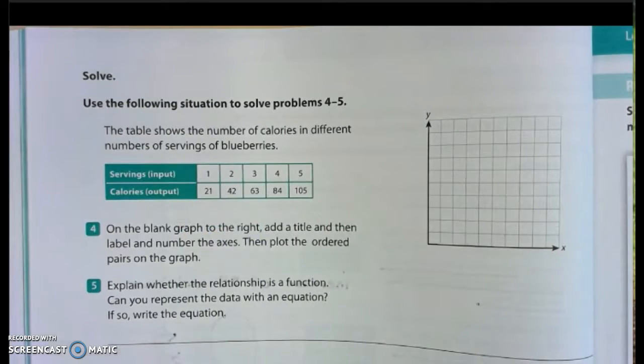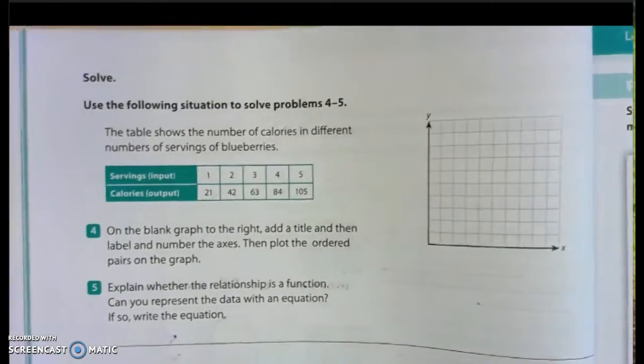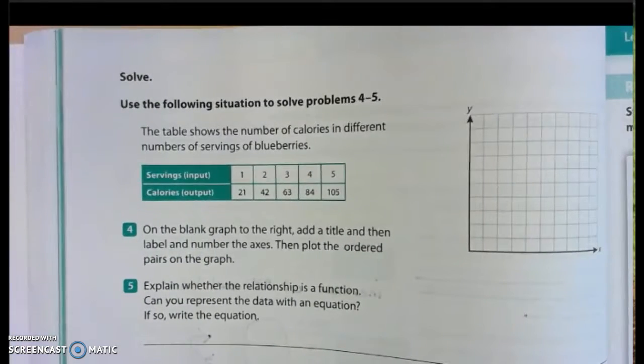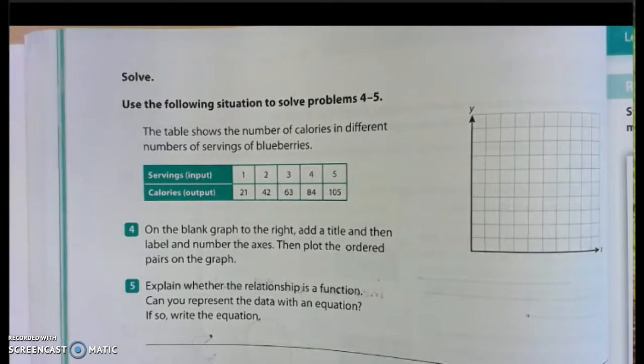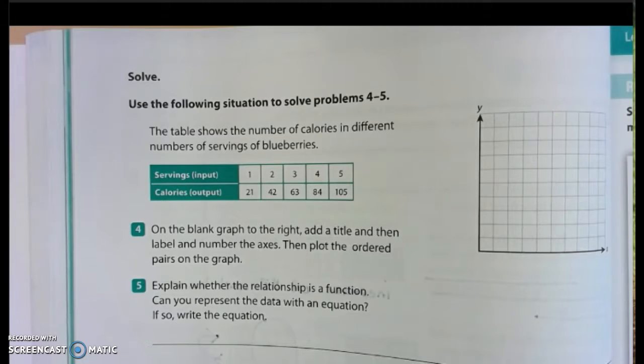All right, on page 68, these number 4 and number 5, you're actually going to make a graph. Now, I cannot stress to you how important it is that you learn to do this properly and neatly, because I have to be able to read it. If I can't read it, then no one can read it, and it's useless.